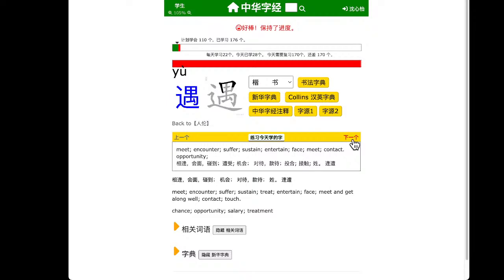Contact. Two things, people coming together, or a person encountering a situation, an event.